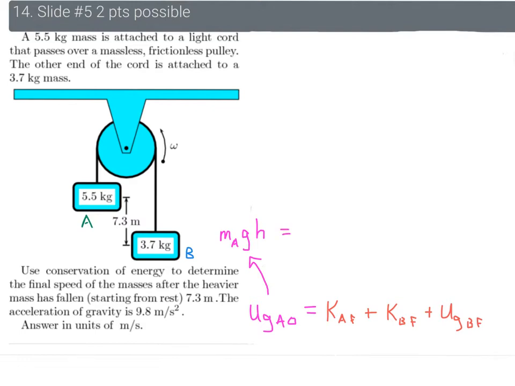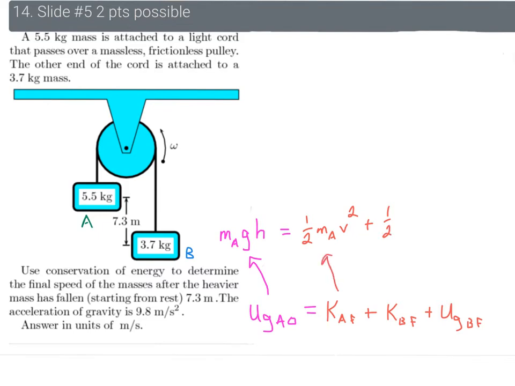We're also going to have the kinetic energy of A. So on the right side, for the final situations, we'll have the kinetic energy of mass A, and that's times velocity squared, plus the kinetic energy of B.